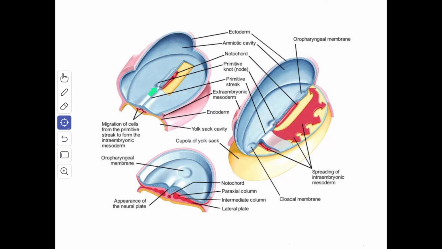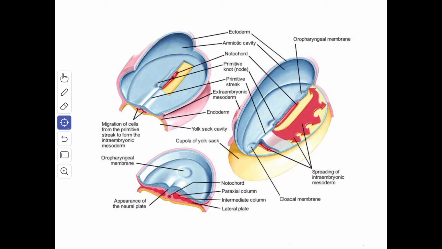The center of Hensen's node, or the primitive knot or primitive node, presents a depression. This is known as the primitive pit, which corresponds with the blastopore of the lower vertebrates.